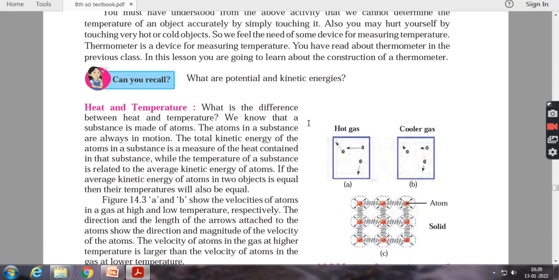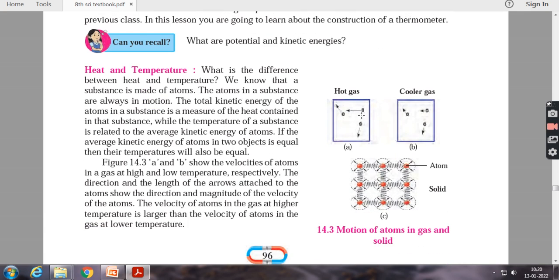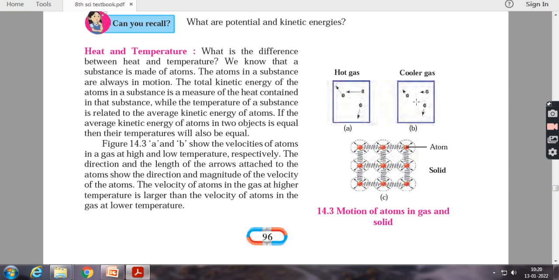First, to understand temperature, let's see a hot gas and a cooler gas. When a thing is in the solid state, all the atoms are congested and come closer. In hot gases there is a difference: the distance between atoms is more.